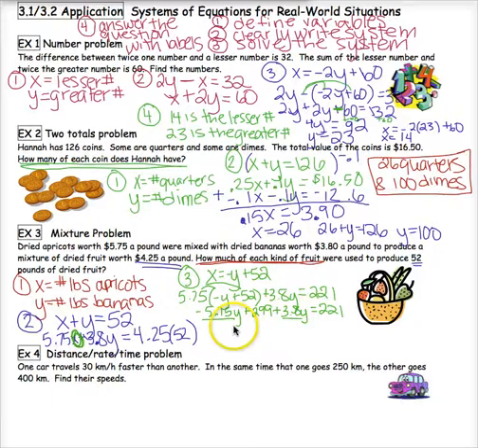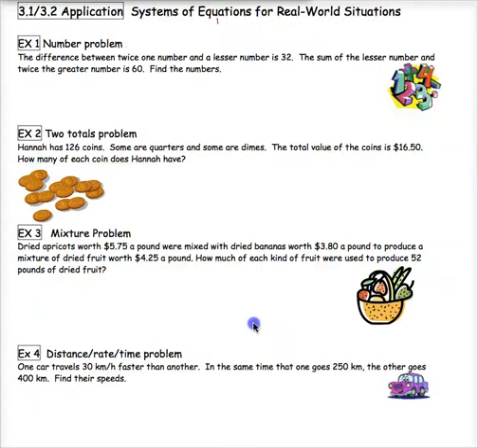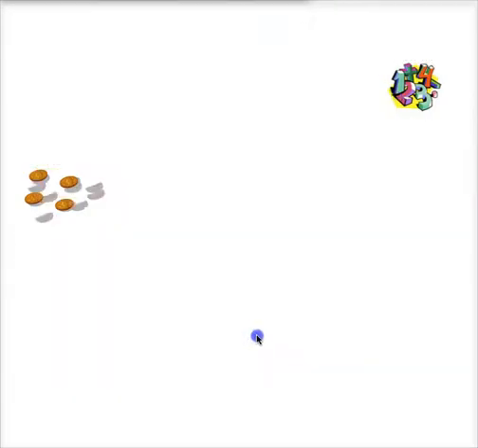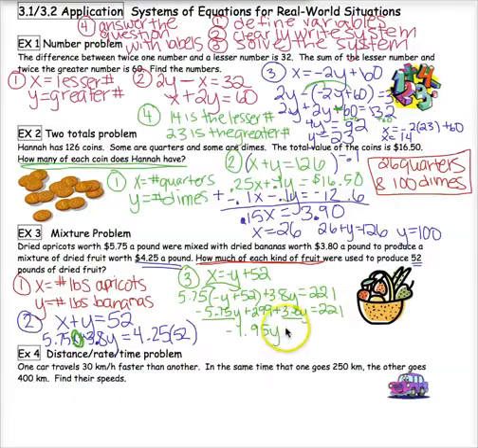So combine like terms. I've got like terms right there. So negative 5.75 plus 3.8 gives me negative 1.95y. And then plus my 299 equals 221.